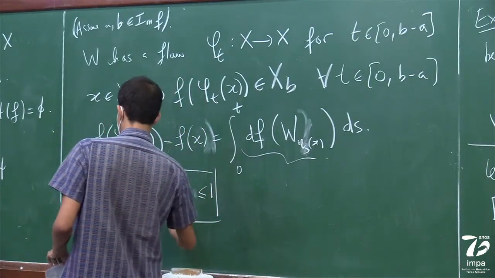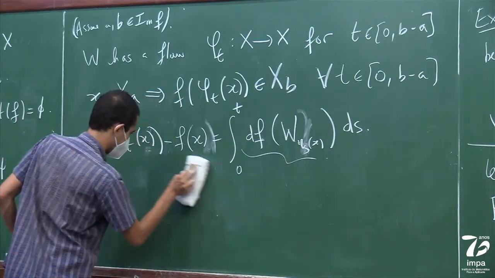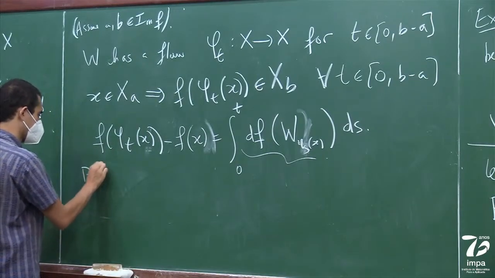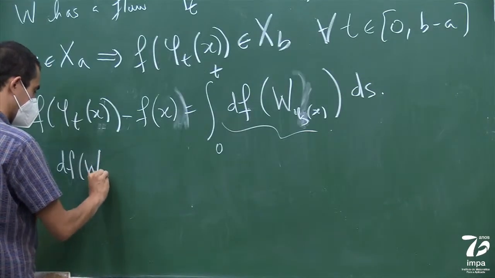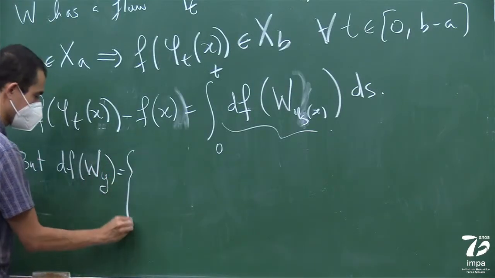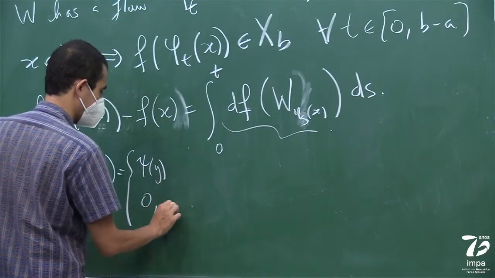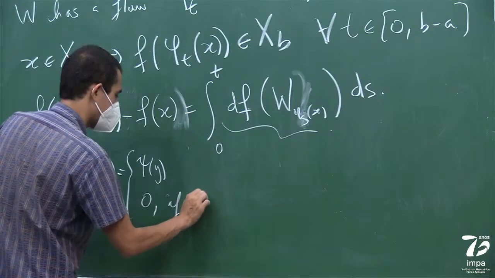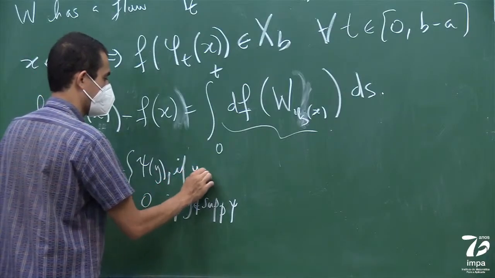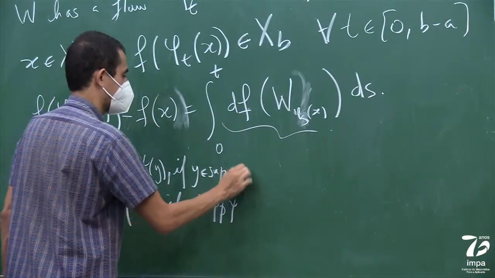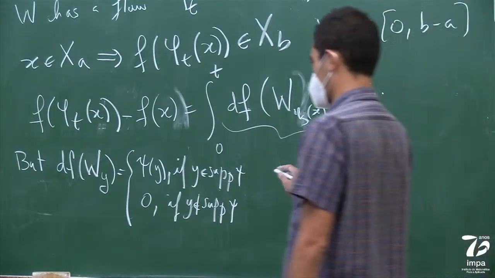So of course, if y is in the support, let me just write it like this. Df of this guy, of y, is either psi of y or 0. So this is if y doesn't belong to the support and if y belongs to the support. But in either case, you see that this is less than or equal to 1.